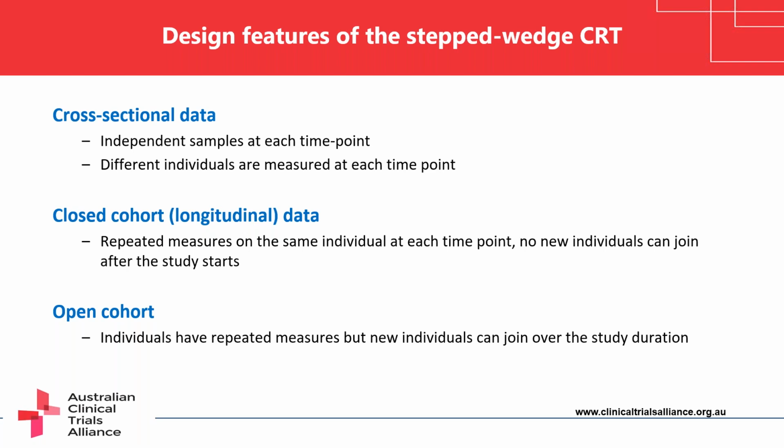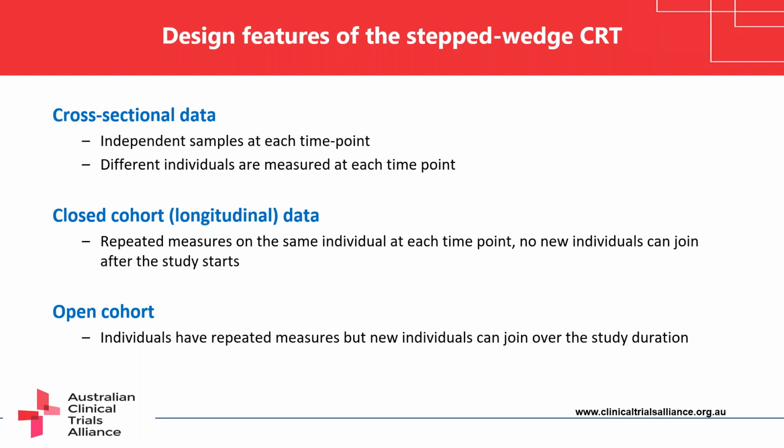Okay, so some of the other design features of stepped-wedge cluster randomized trials, which aren't just specific to the stepped-wedge design but are the case for cluster randomized trials as well, are the different kinds of sampling of the individuals. So we can have cross-sectional data, where we have independent samples at each time point, and different individuals are measured at each one of those time points.